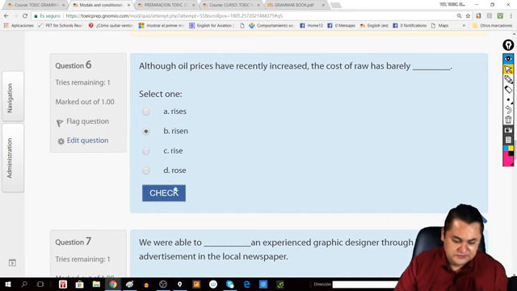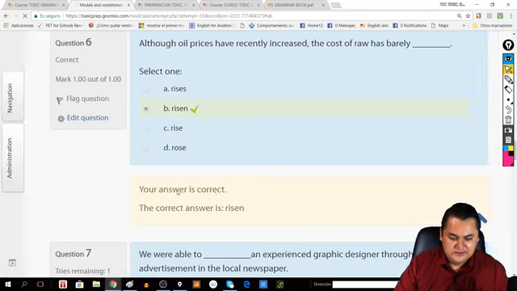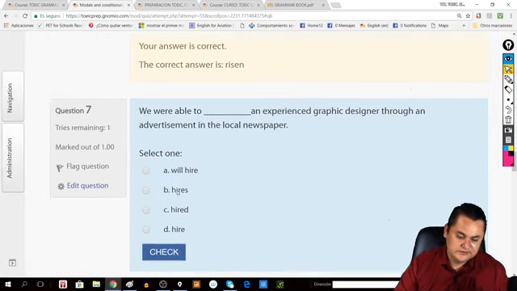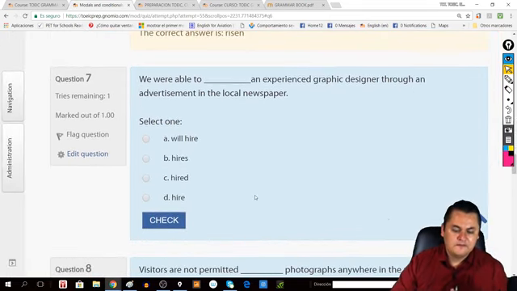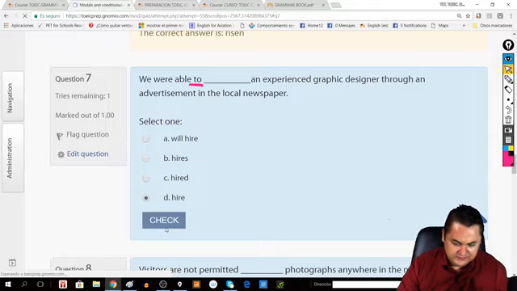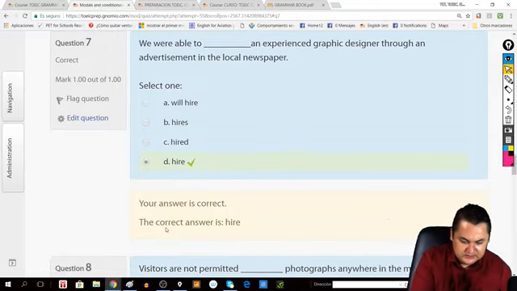Rise, rose, risen. You may remember from the previous lessons you have taken. We were able to. This belongs to the topic of infinitives and gerunds. So, we need to say, we were able to hire an experienced graphic designer.